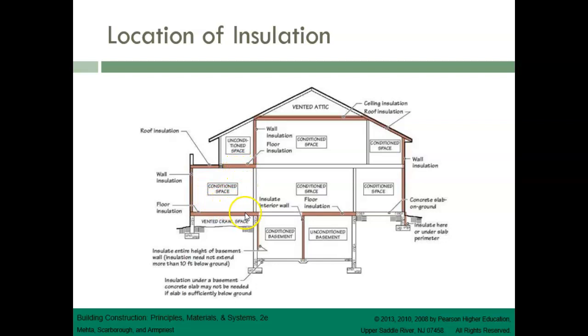So you can see we've got a 3-story building here. We've got a basement, first floor, second floor. There are attic spaces and there are basement spaces which are not insulated. So insulation is what's going to separate us from the outside or any space that's inside that's unconditioned.